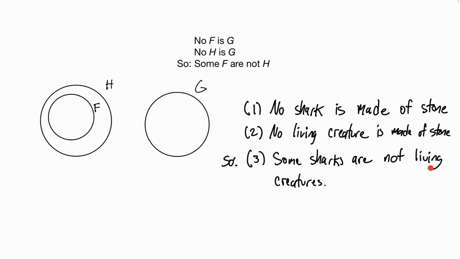That's false to say some sharks are not living creatures. So this inference here cannot be valid because the premises are actually true and the conclusion is actually false. So here we have an inference that fits this pattern where that inference is not valid. And so this is not a valid form or pattern of reasoning. Not every inference that fits this pattern is valid.